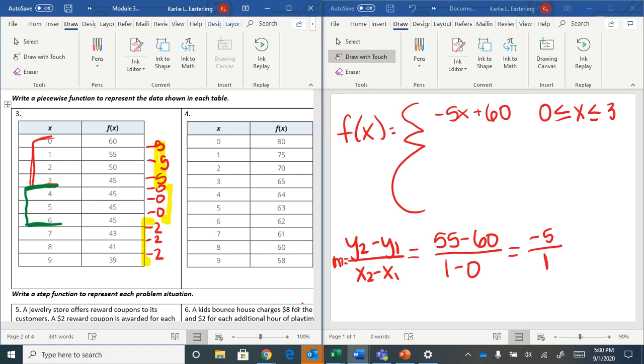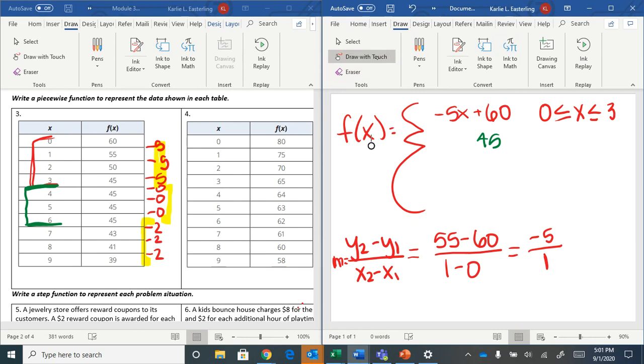And this is, again, an easy line to look at because it's going to be a straight horizontal line if we were to graph that, because our slope, we're not going up by anything. So our slope here would be 0x plus our y-intercept, which here would be 45 if we kept that line going. But we don't have to include that 0x because we're just talking about our horizontal line here.